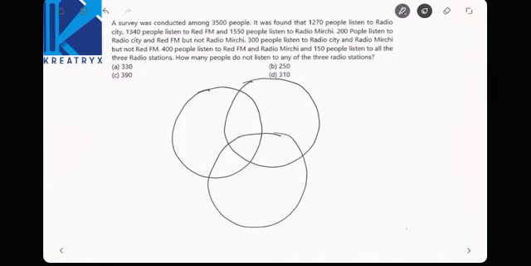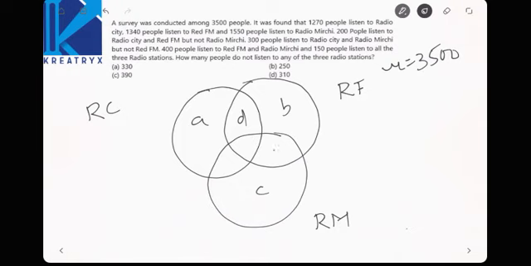So totally there are 3,500 people. Now Radio City, this is Red FM, and this is Radio Mirchi. Let us consider these values A, B, C, D, E, F, G and none.